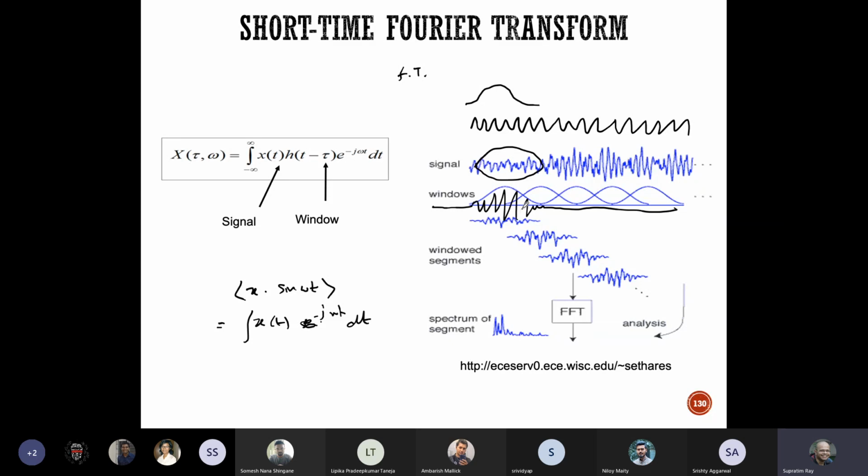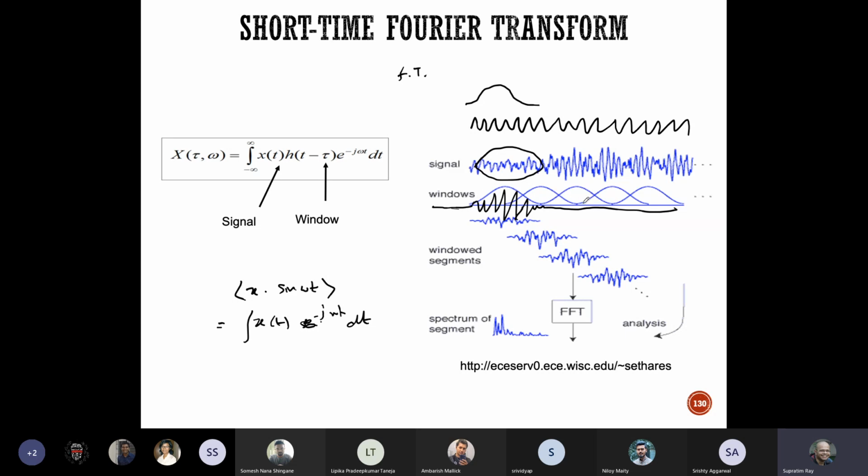So now when you compute the Fourier transform, it is the Fourier transform corresponding to this particular location in time. Now this is a windowed Fourier transform, and think of this thing as your filter.